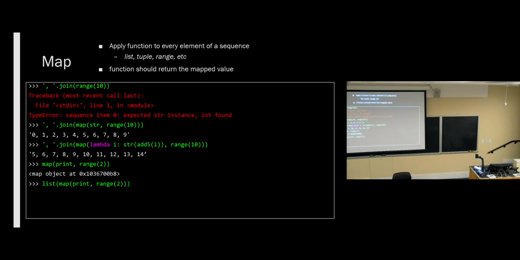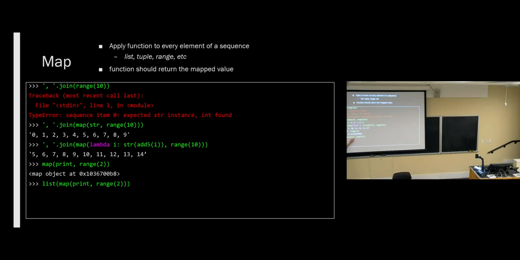That's exactly right. So this is not going to work how you might think. It's going to map print over this range, and print is going to print out the range. So we're going to get a 0 and a 1. But what is the result of calling print on a number? None. Yeah, it turns out every function in Python returns something every time. But print we think of as void, and like I said, Python has no void functions.